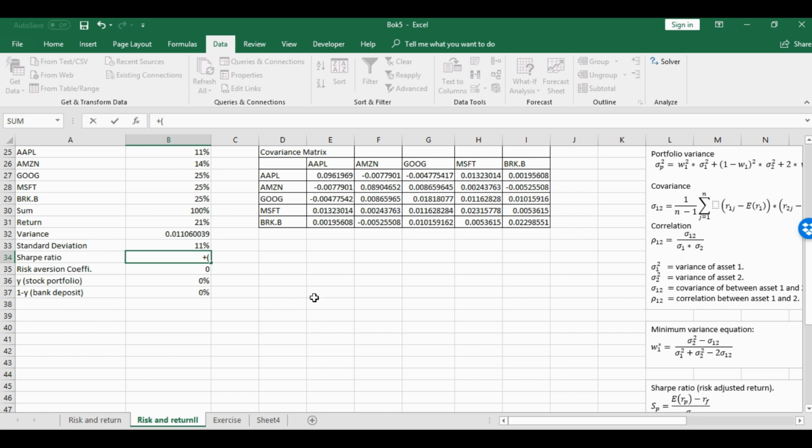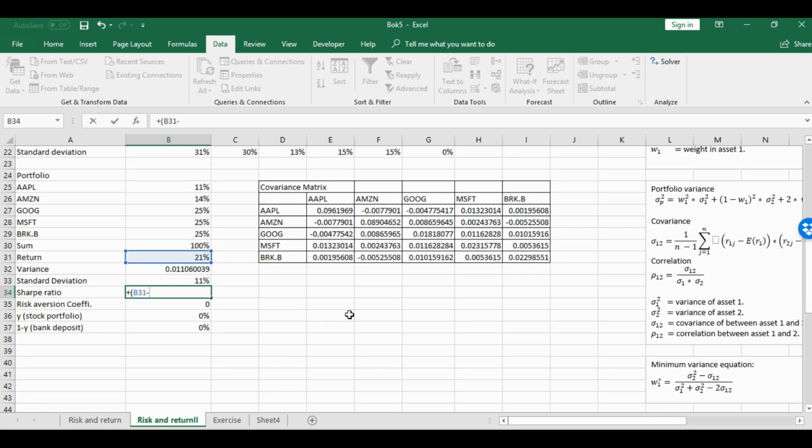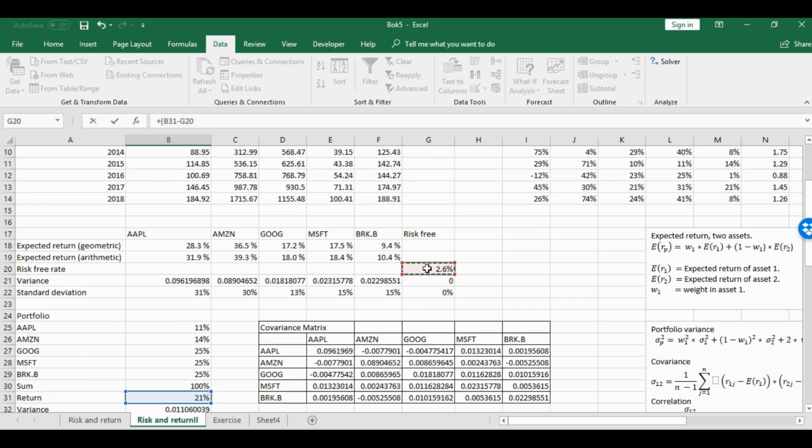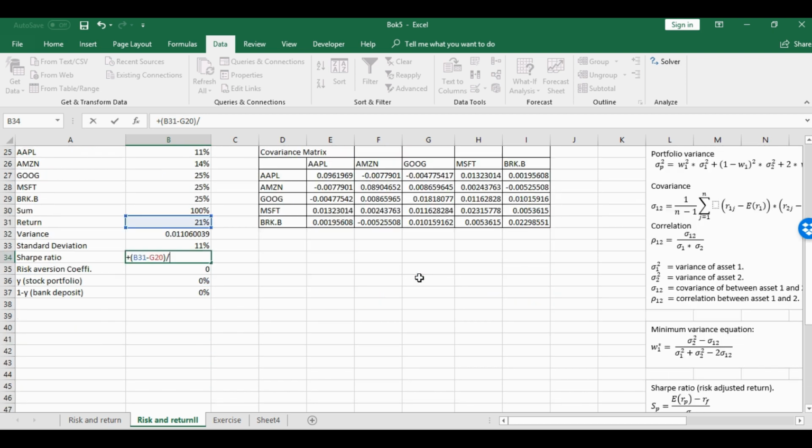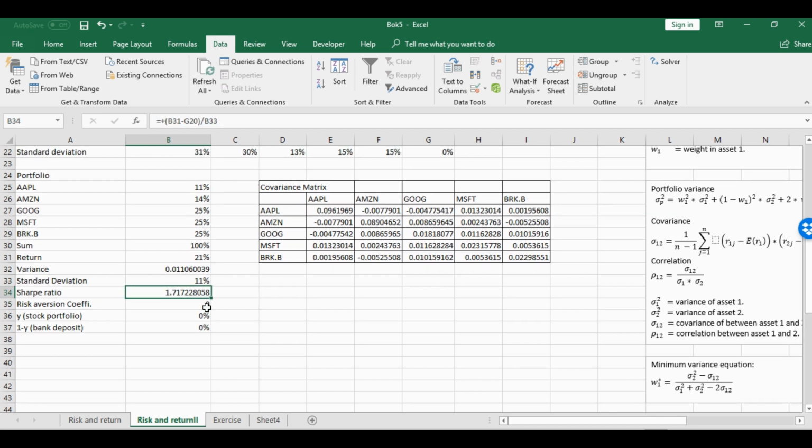So you take the return of the portfolio minus the risk-free rate divided by the standard deviation of the portfolio. This gives a 1.71 Sharpe ratio for the portfolio that we constructed earlier.